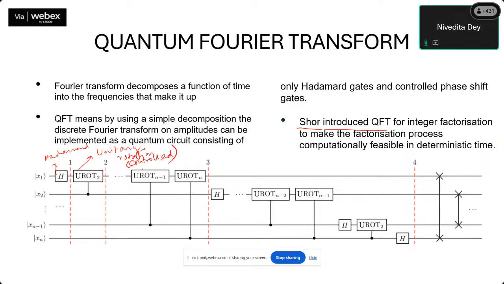So this is the control, and this is your target, where on the target itself you are just rotating it. Nothing else can be explained right now without a deep dive.